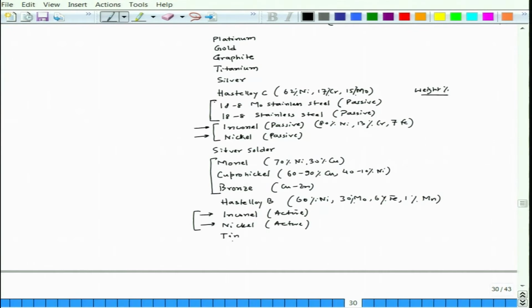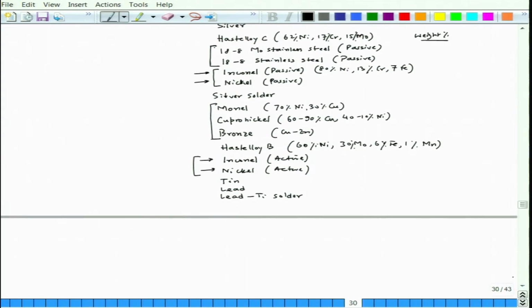Then tin, lead, tin, solder, and in fact, now an interesting set of alloys is coming. So, the next set of alloys is 18-8 molybdenum stainless steel, and it is mentioned as active.